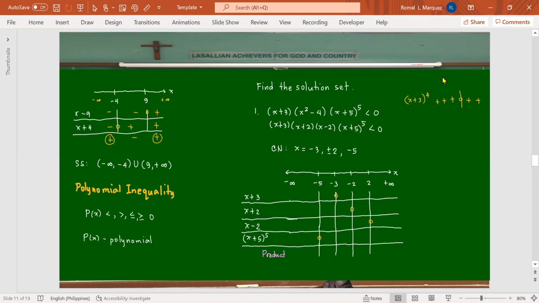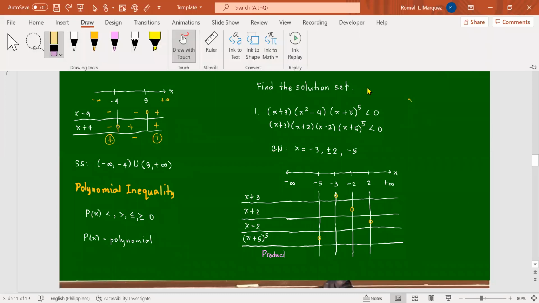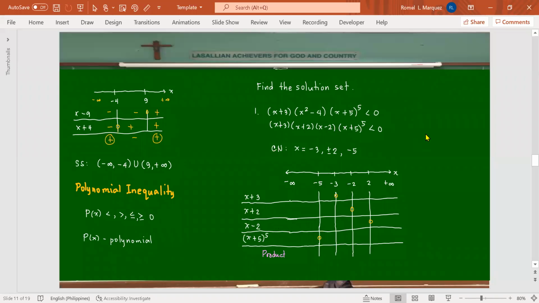But if it is odd, it is just the same as raised to 1. As long as the coefficient is positive, the sign to the right is positive and to the left is negative. If the coefficient of x is negative, the sign to the right is negative and to the left is positive. Is that clear?